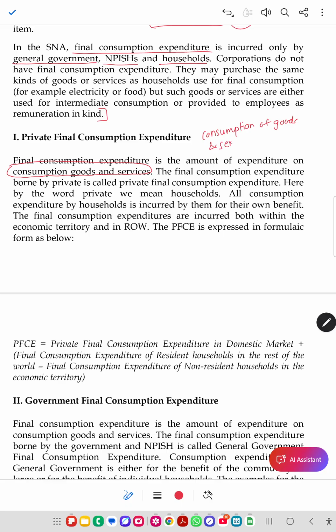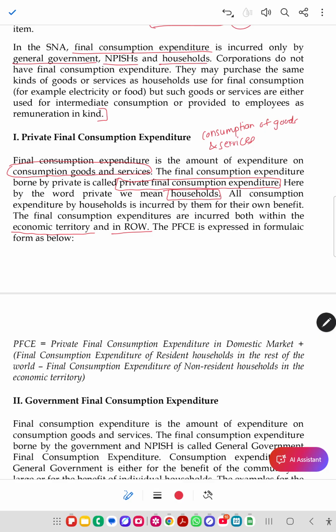The final consumption expenditure borne by private is called private final consumption expenditure. Here, by the word private, we mean households. Okay, all consumption expenditure by households is incurred by them for their own benefit. Final consumption expenditure is incurred both within the economic territory and in the rest of the world.